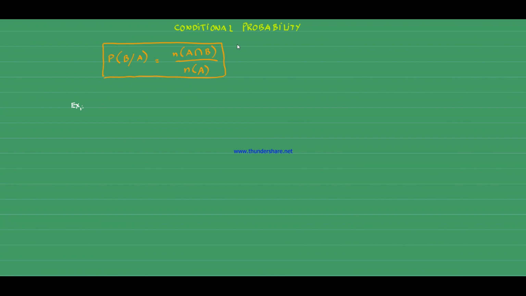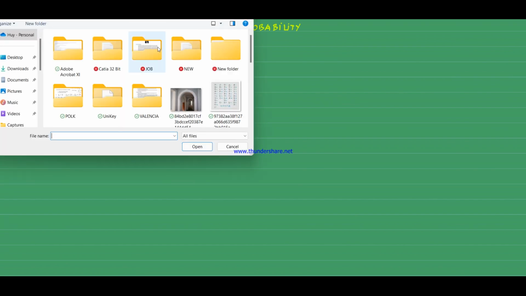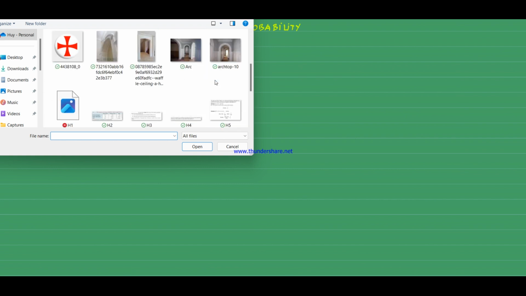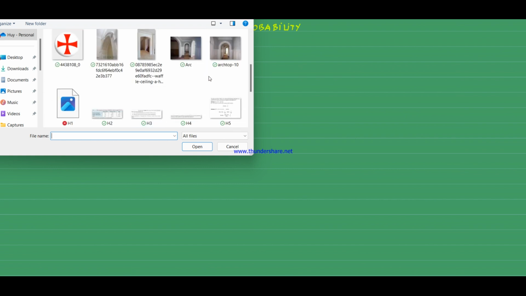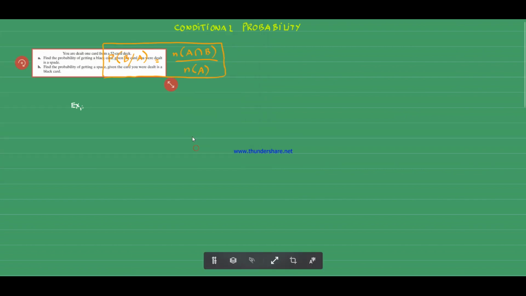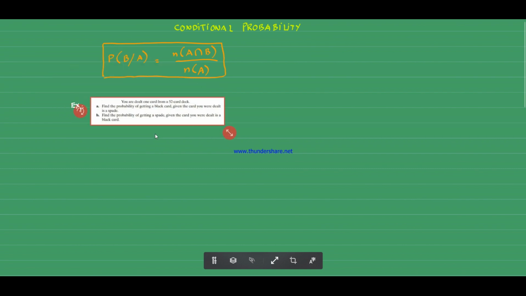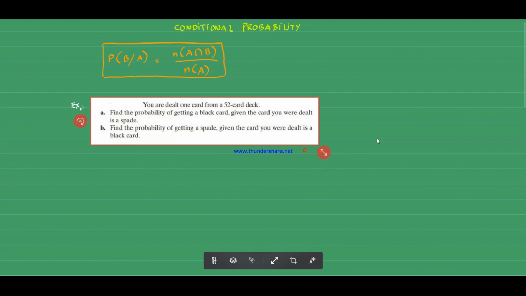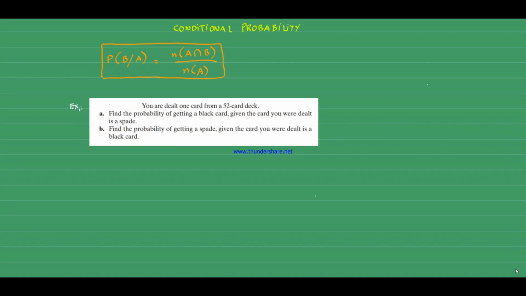So we have an example. Okay, so let's see how we solve this example. I say that we have two methods, right?